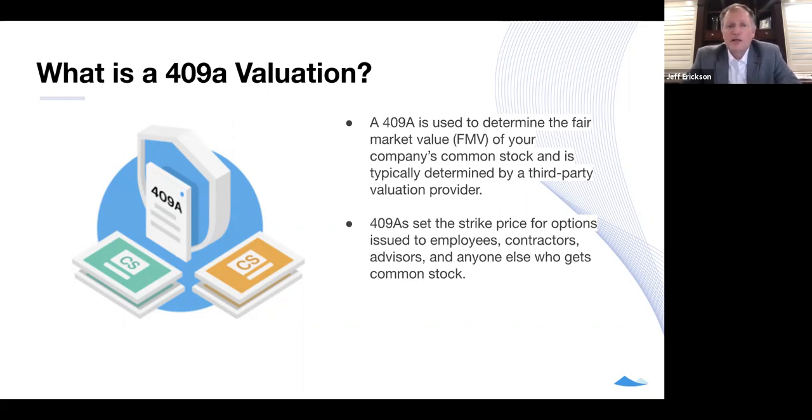One of the main points here that I want to make is that your 409A valuation is very different from the valuation that the investors are going to put on your company. Two completely different things. The 409A valuation is a compliance valuation specifically for the IRS in setting the strike price for your stock options. So don't get it confused with the valuation that the investors will put on your company and invest in your company at.